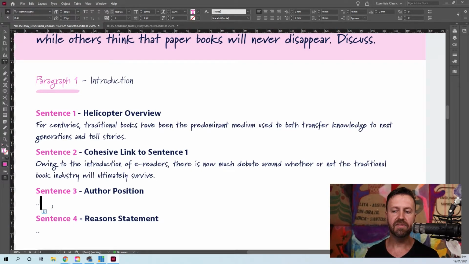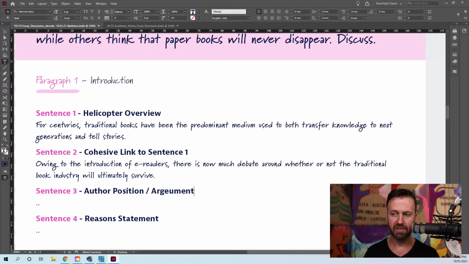What we need to do is the author position here. What we're probably going to do here is change this to author position, or we can say sides of the argument. Argument sides is probably better.